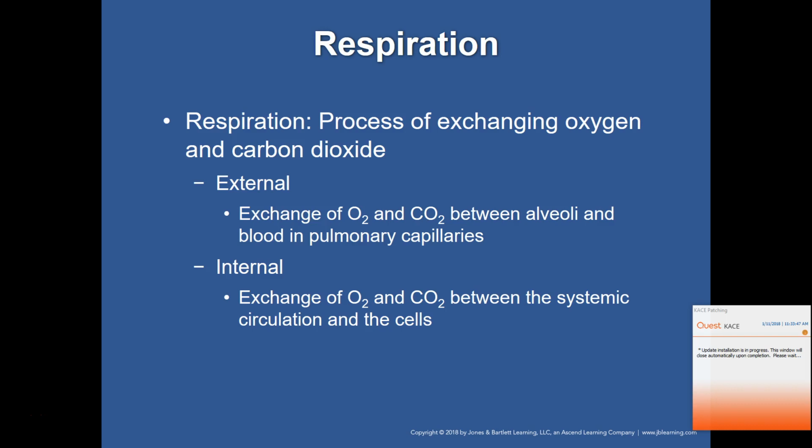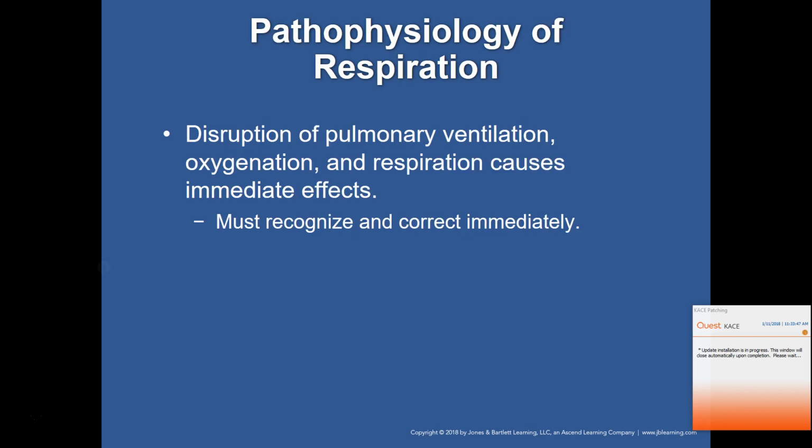But if we have good ventilation and good respiration at the external or lung level, but for some reason internally it's not offloading or working properly there, then we're going to have a problem as well. So there are several things that need to work in order for respiration, the onload of oxygen and the offload of CO2, to work properly. Any one of those goes south on us, we've got a problem.